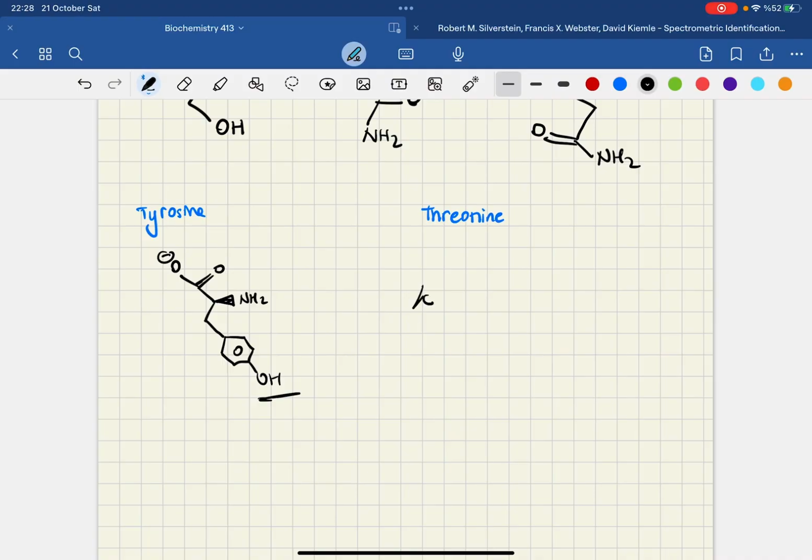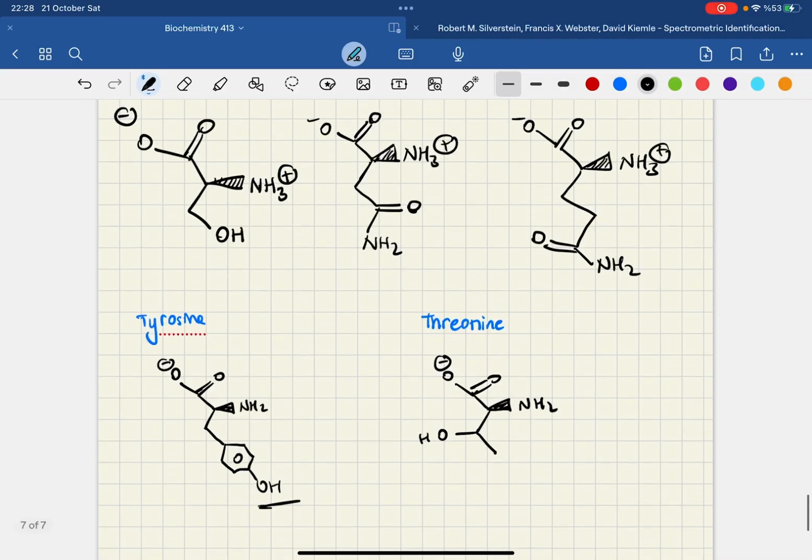We have, as always, our carboxylic acid group, and then carboxylic acetate, and then we have our amine group, and then we have our one carbon, two carbons, and an OH group, and this is threonine.